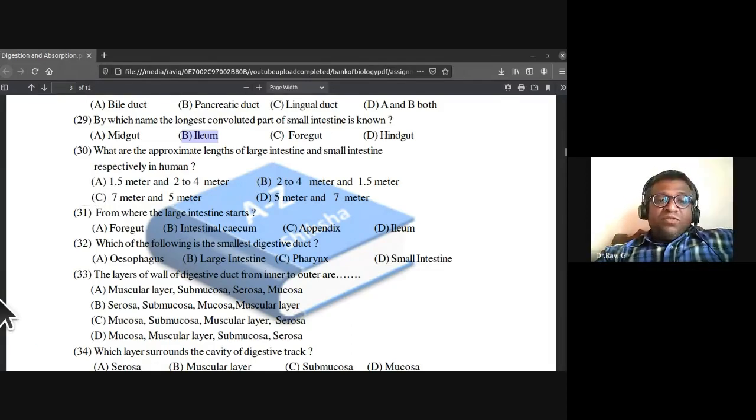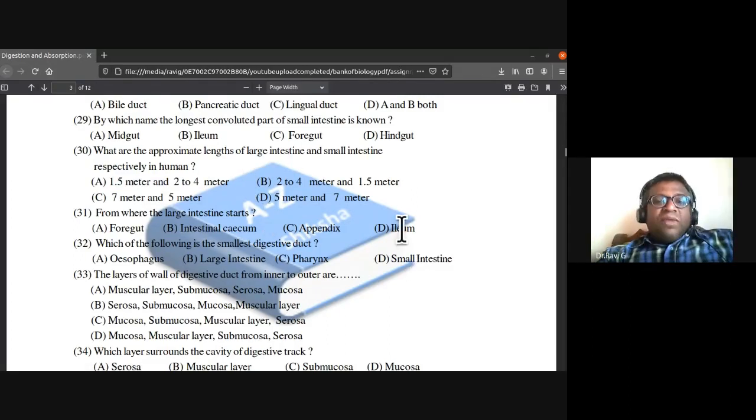It is 1.5 meter for the large intestine and small intestine is 7 meter. There is a mistake here, they have just given it as 2 to 4 meter. So 1.5 meter and 7 meter should be the right answer, as per our NCERT information. So A is the answer, partially right. The other thing should be 7 meter.